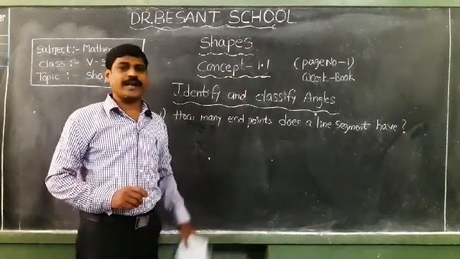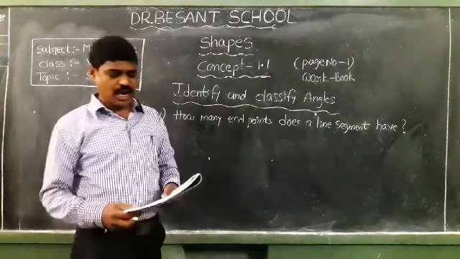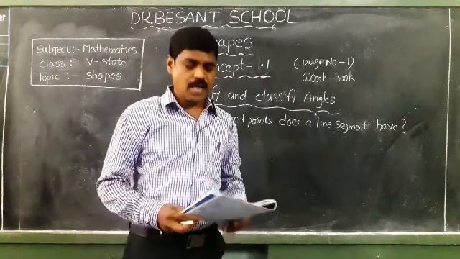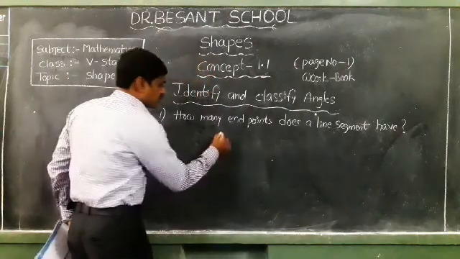So you have to write the answer 2. Option A 4, option B 3, option C 2, option D 1. So which is the correct option? Option C is the correct option. So the answer is 2.